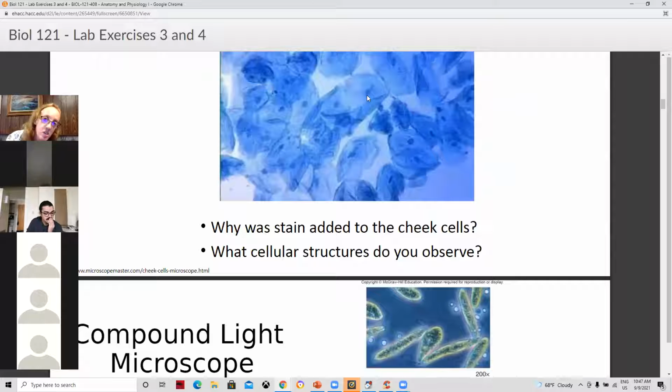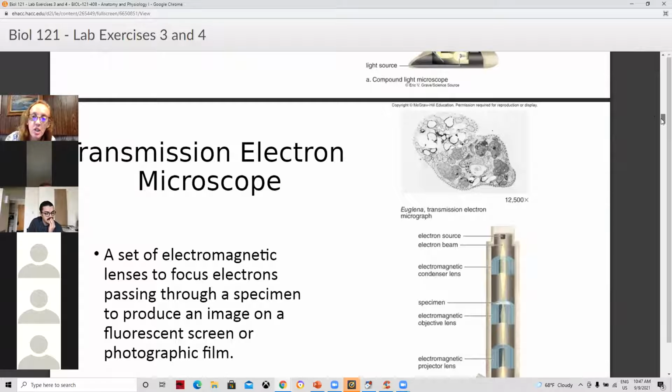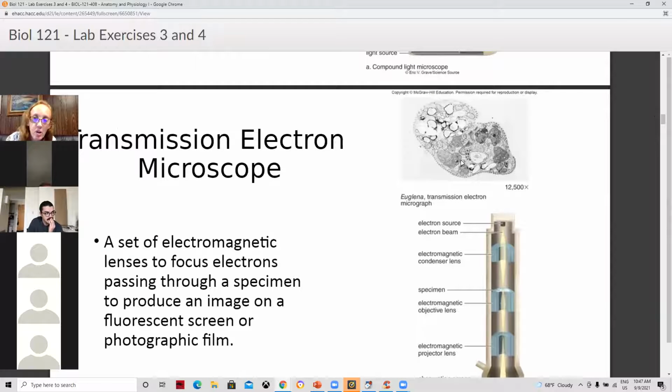We see the nucleus. We see the boundaries of the plasma membrane. When we use a transmission electron microscope, here's our nucleus. Here's all the structures within the cell. So you can see that the detail that we can observe with the transmission electron microscope goes up drastically.